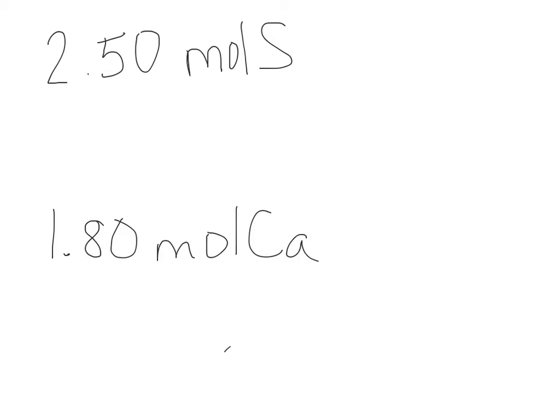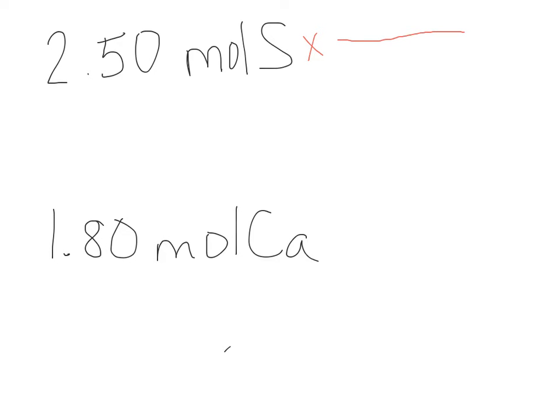And when you multiply by 1, you're not changing the identity of the number, you're just doing a conversion. So we need to find the relationship between 1 mole of sulfur and its mass in grams and multiply that by 2.5 moles of sulfur.